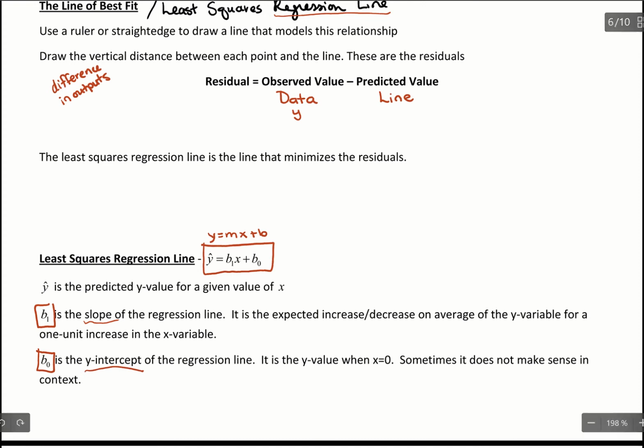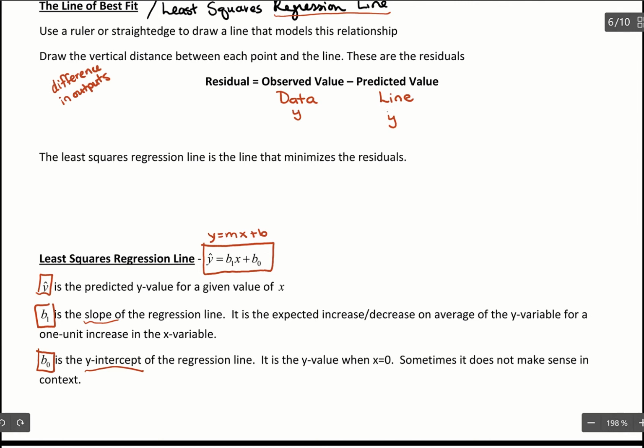But it relates to the same structure, that slope multiplies with x, and then intercept is our constant that's added on the outside. And then for notation, instead of using y equals, we use y hat, and the hat just represents that this is going to be a predicted value. So if we plug in a value for x, this is going to predict what we get for y.